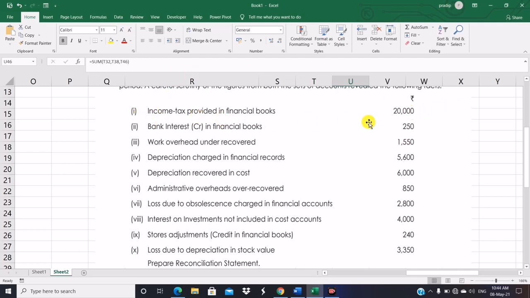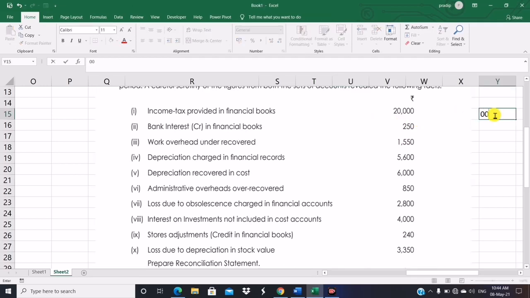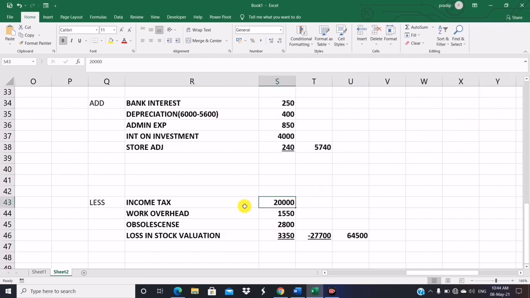Remember that in financial accounting it is mentioned as 20,000, but in cost accounting it is mentioned as 0, because income tax is not provided in cost accounting. So here in costing it is 0, and in financial accounting it is 20,000. So expense in cost accounting is undervalued. If expense is undervalued, what we have to do as per formula is we have to less. So here I have less rupees 20,000 income tax.